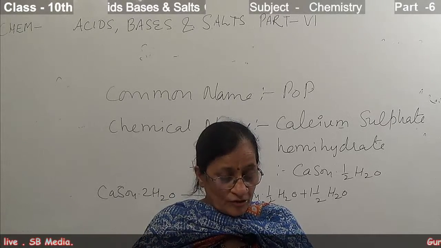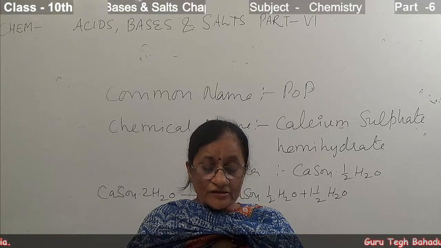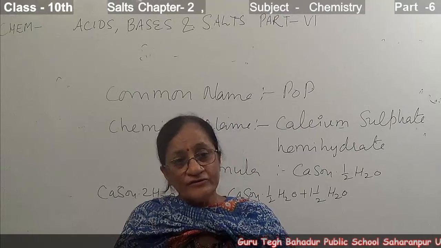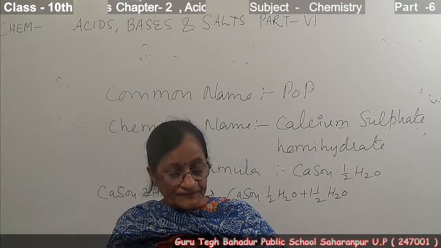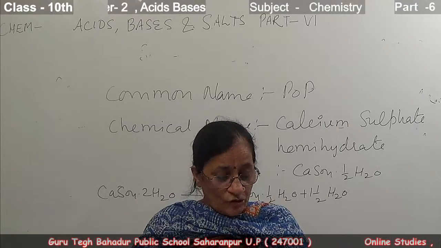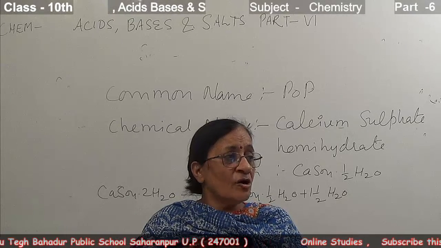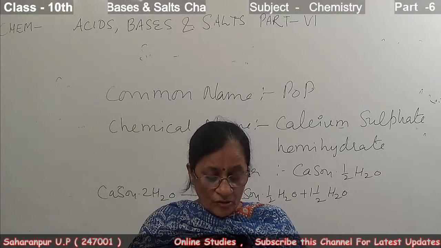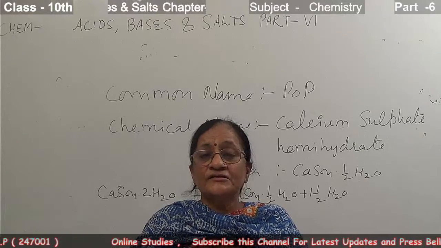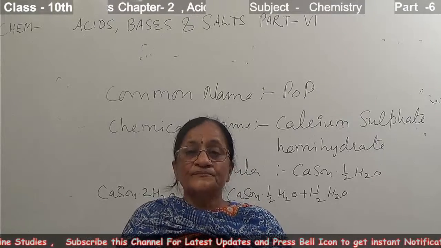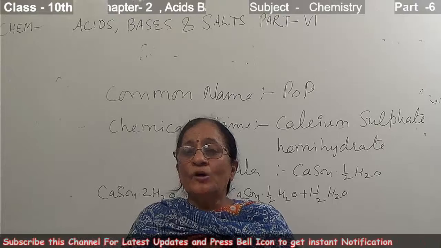The water molecules which form part of the structure of a crystal are called water of crystallization. So, the salts which contain water of crystallization are called hydrated salts, and those without water of crystallization are called anhydrous salts. So, this is all about salts.